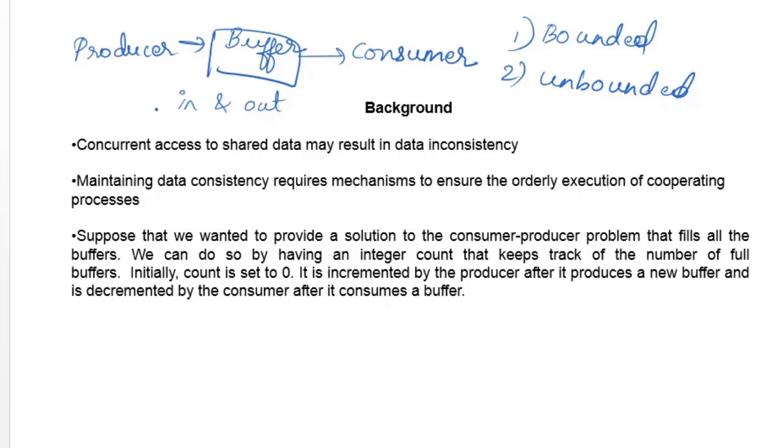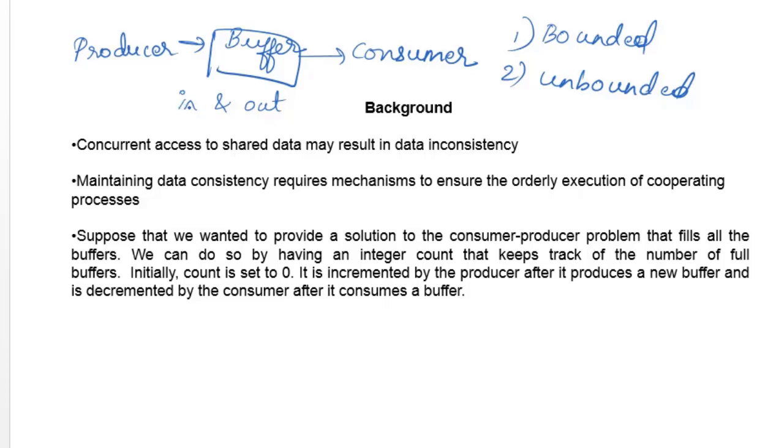I repeat, in points to the next free space where the newly produced item has to be dumped, and out points to the item that should be consumed next by the consumer.